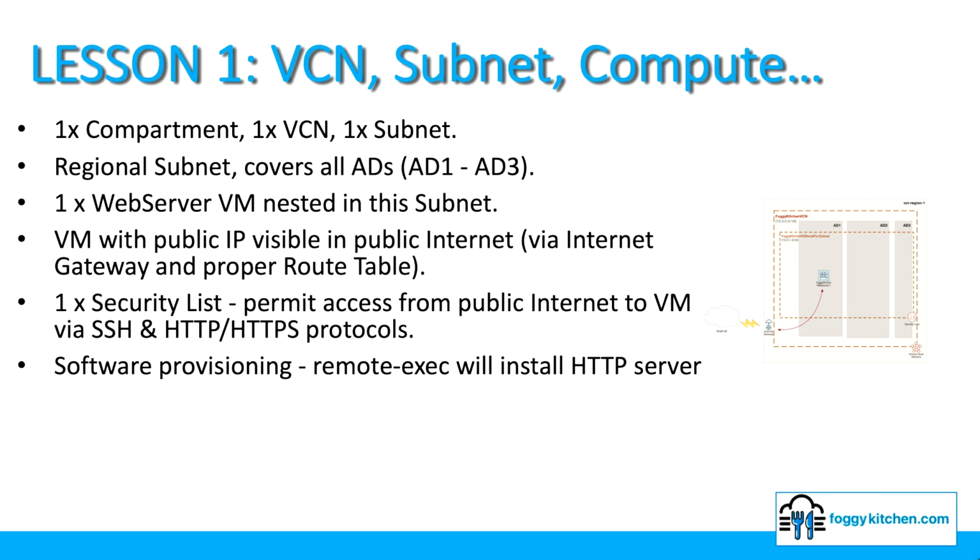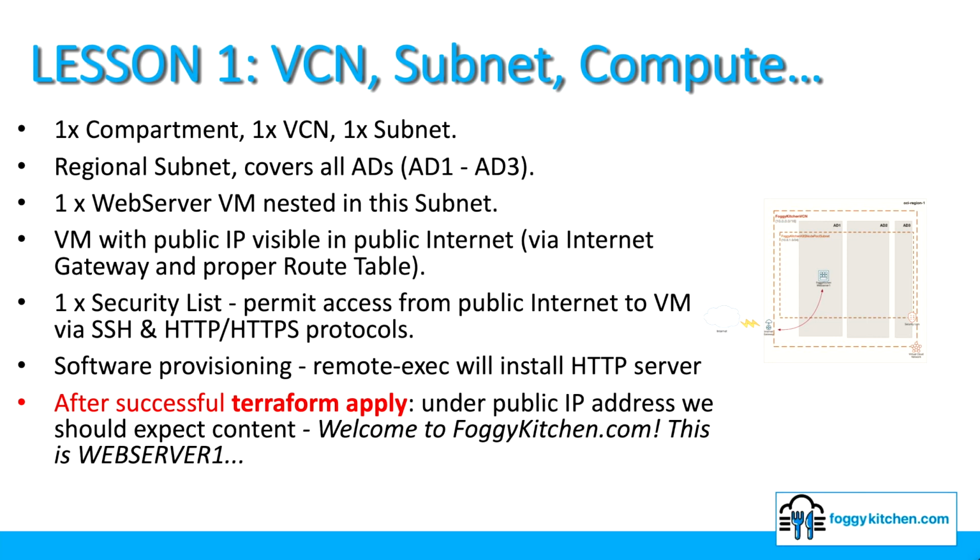We will install an HTTP server with a minimal web page, and this page will be exposed to us on this public IP. And what does it mean in essence? We will be able to reach the web server content with the message, "Welcome to foggykitchen.com. This is web server 1."